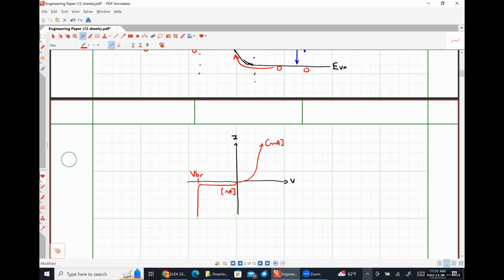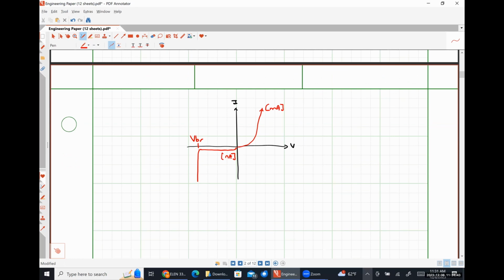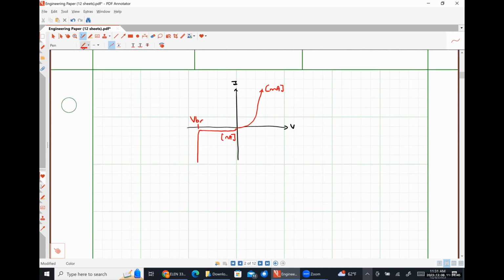There are two principal mechanisms for reverse bias breakdown that we are going to see. The first that we're going to talk about is what's called avalanche breakdown. So avalanche breakdown is breakdown that is unintended. So in avalanche breakdown, let me write this out.